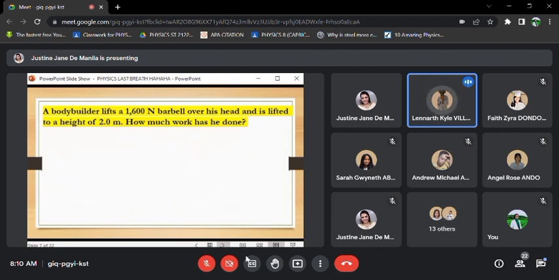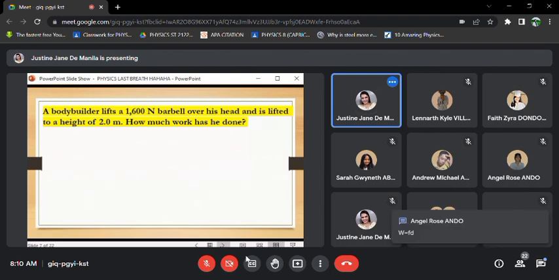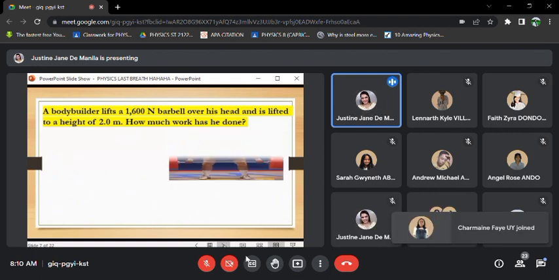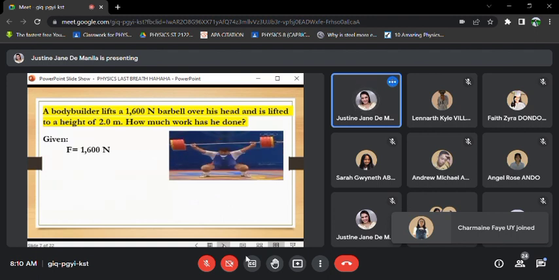How much work has he done? Thank you, Leonard. So, what is our formula for work? Work equals force times displacement. Very good, Faith and Angel. They studied. So now, let us identify first the given. How much is our force?